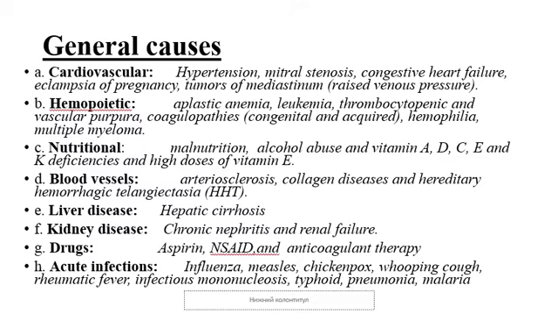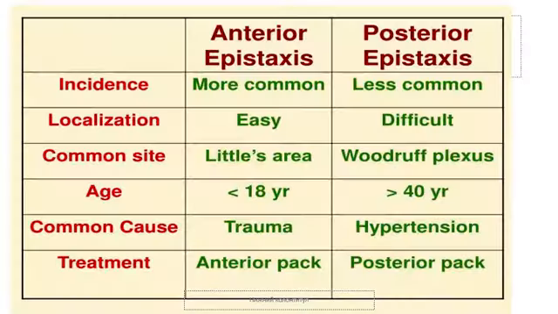The hemopoietic, such as aplastic anemia, leukemia, thrombocytopenic and vascular purpura, coagulopathies. Hemophilia, all these are examples of hemopoietic bleeding. The nutritional, blood vessels, liver disease, kidney disease, drugs, and acute infections are also general causes.